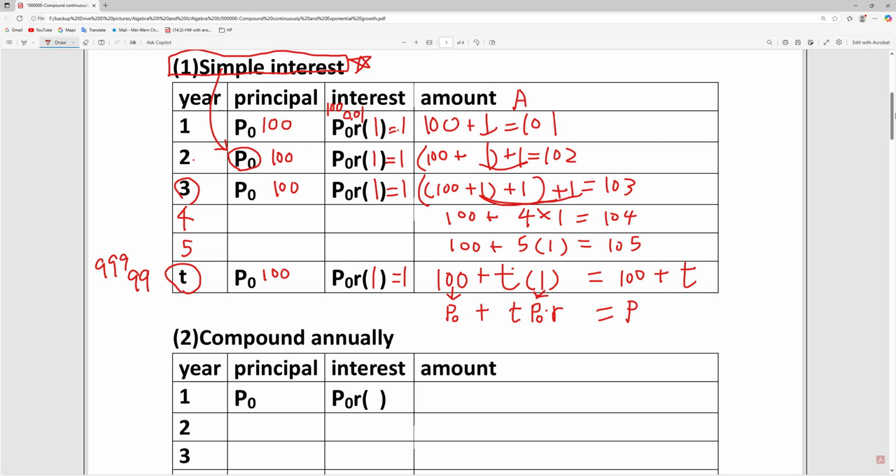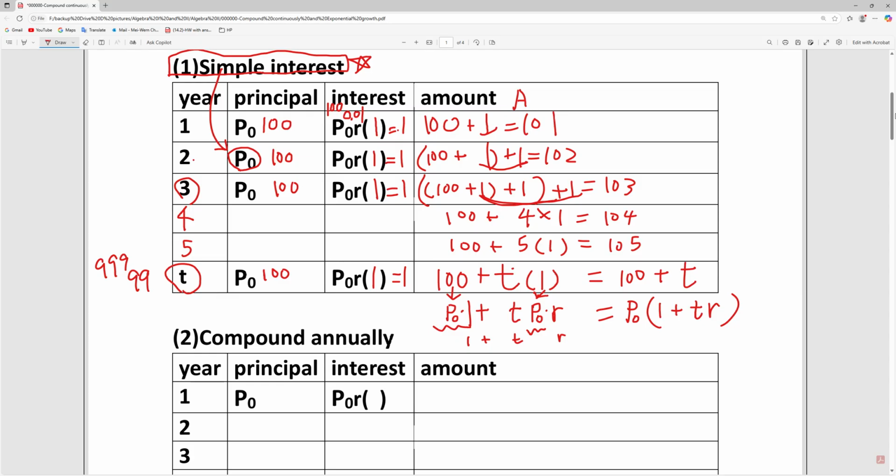It is P0. We can pull out the common factor P0. And P0 means P0 times 1. So here, 1 plus TR. Okay? So I will keep everything here so you can understand.